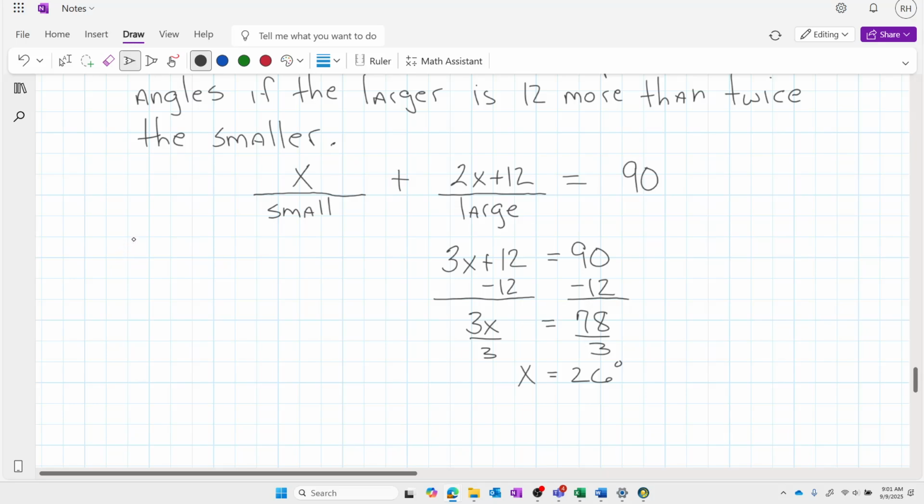So we're going to say the smaller is equal to 26 degrees, and the larger is equal to 2 times 26 plus 12. So 52 plus 12, 64 degrees.